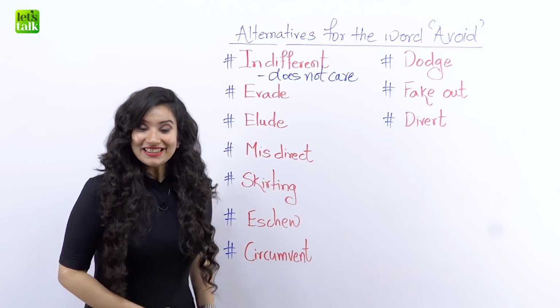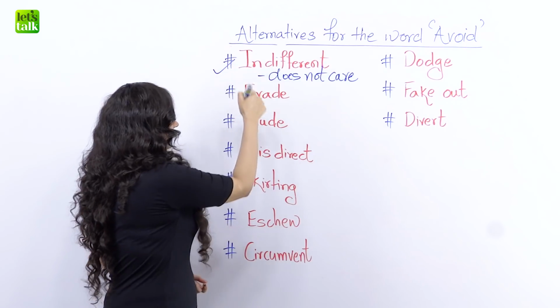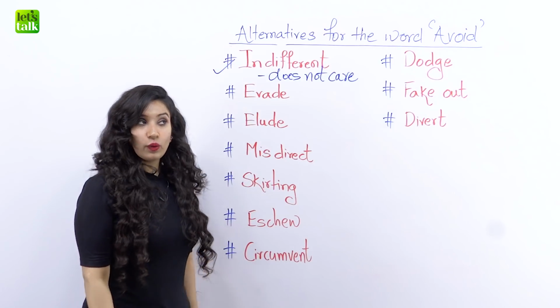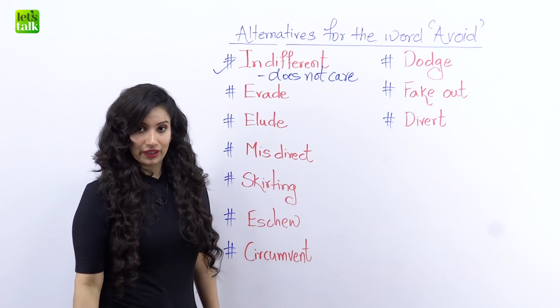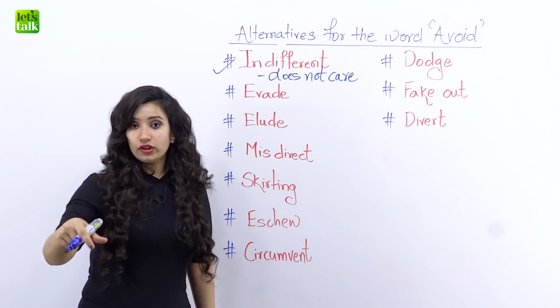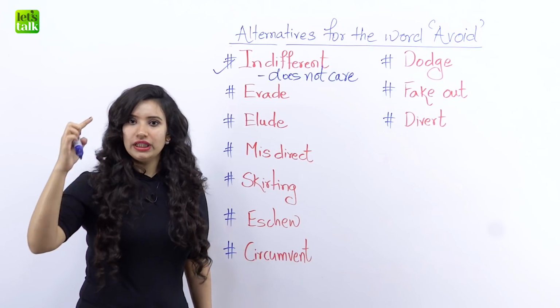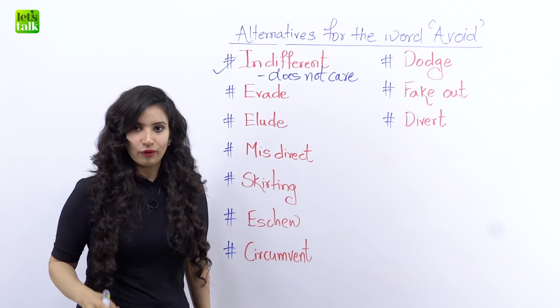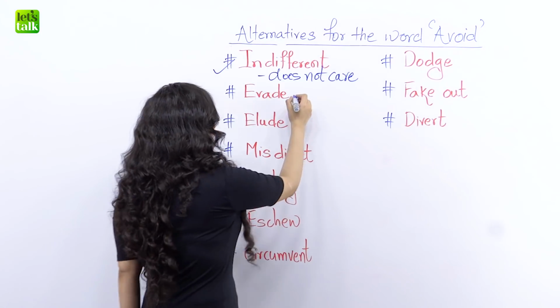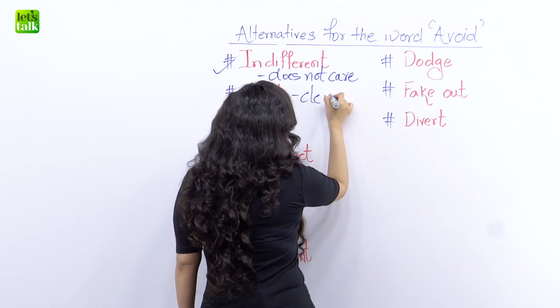Now with this, let's look at the next one, and that is evade. So evade is when you escape something, okay? When you escape a situation very cleverly, when you're very trickfully escaping a situation, all right? So a person who cleverly escapes a situation.